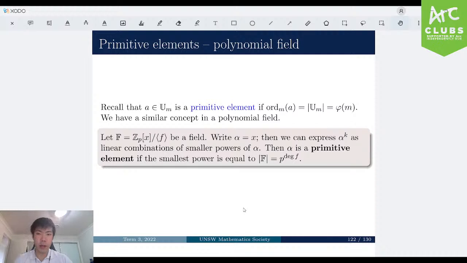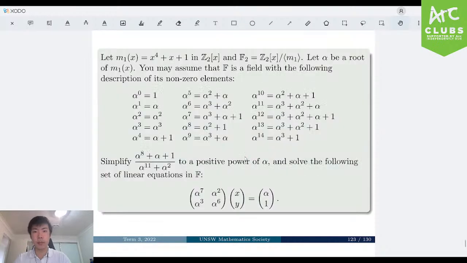If you can find some alpha such that as you raise the power of alpha, it will cycle through every single value in the set until you reach the size of that set, alpha to the power of the size of that set will be exactly equal to 1. Okay?